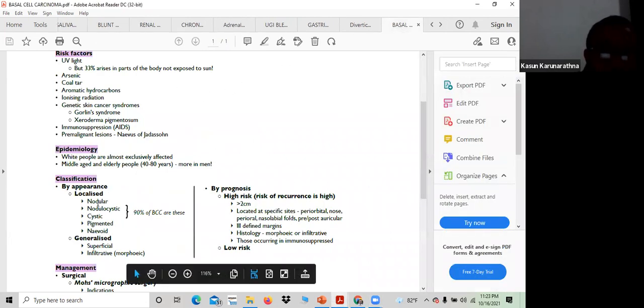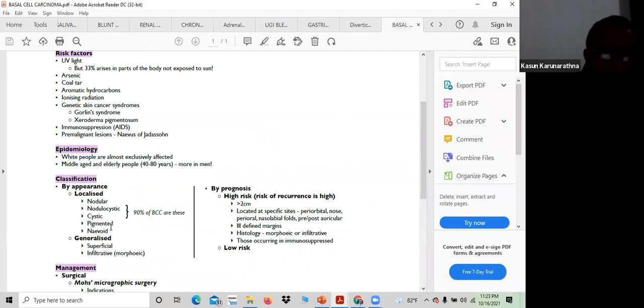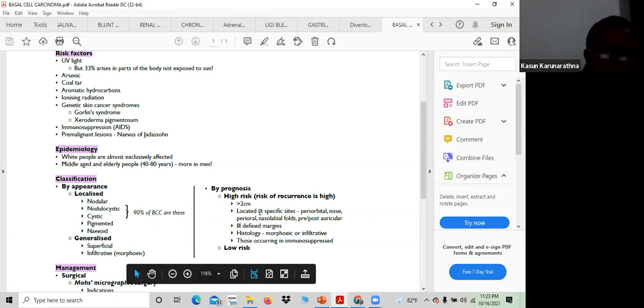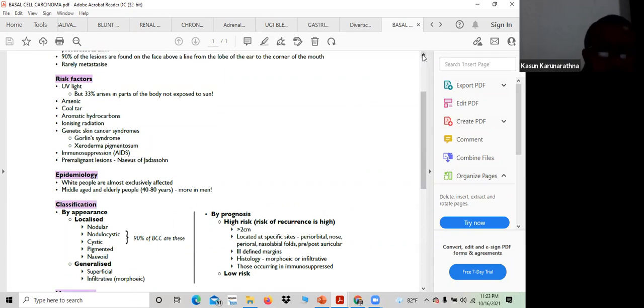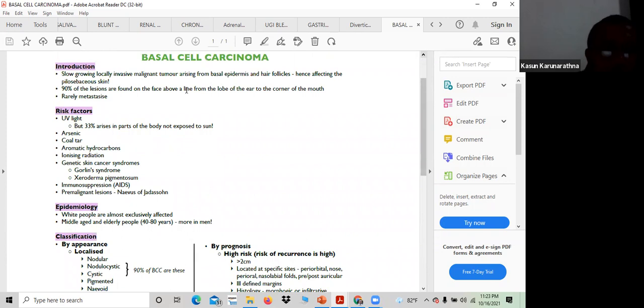Basal cell carcinoma appearance could be nodular, cystic, pigmented, right? Specific sites: periorbital, nose, perioral, nasolabial folds, pre or post auricular, right? More in men, a slow growing, locally invasive malignant tumor arising from basal epidermis and hair follicles, right? 90% of lesions are found on the face, above a line from the lobe of the ear to the corner of the mouth, rarely metastasizing.